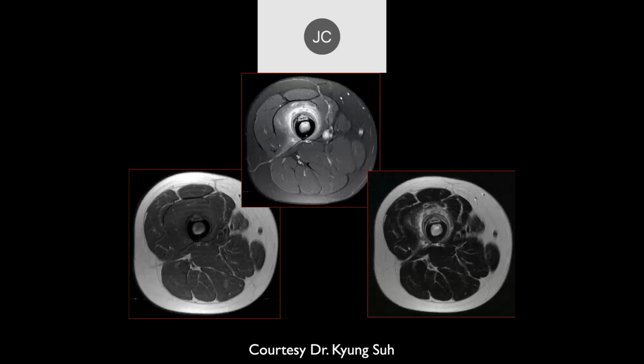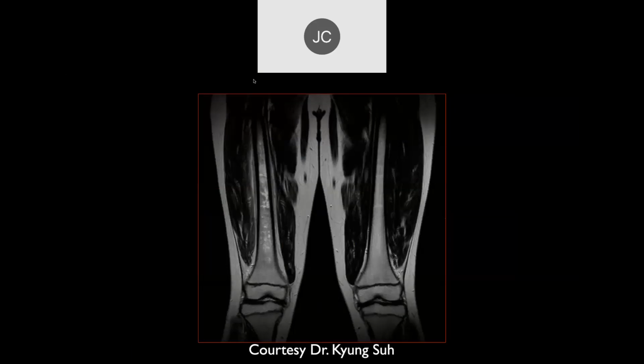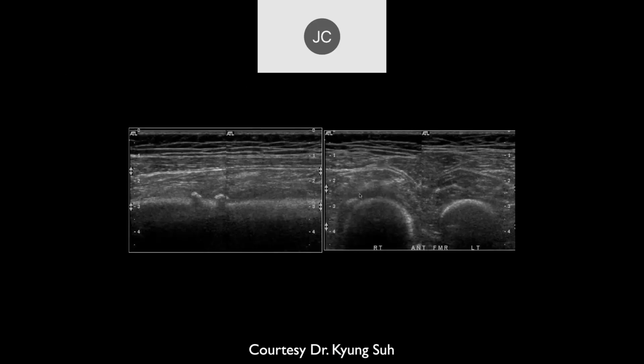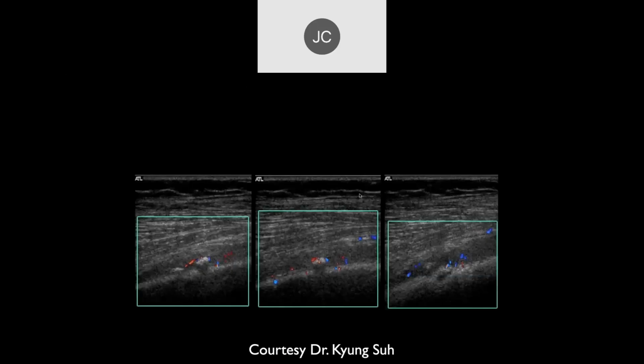So be much more concerned about osteomyelitis in this particular case. And here we can see some subperiosteal effusions in this young kid. And here on the fat side, we can see a lot more of the inflammatory disease involving the periosteum. And this was osteomyelitis.